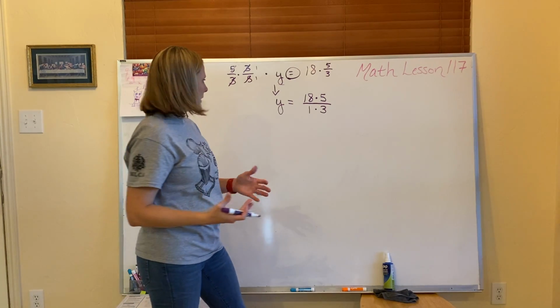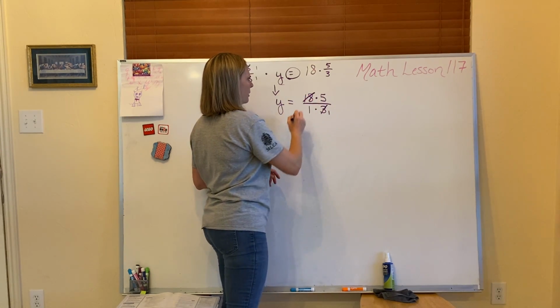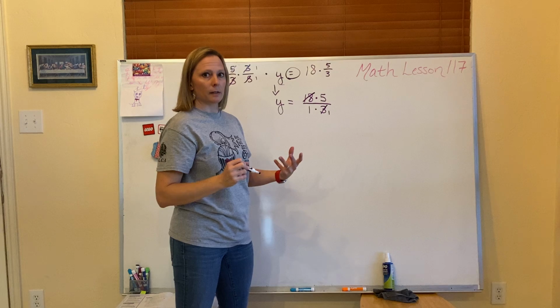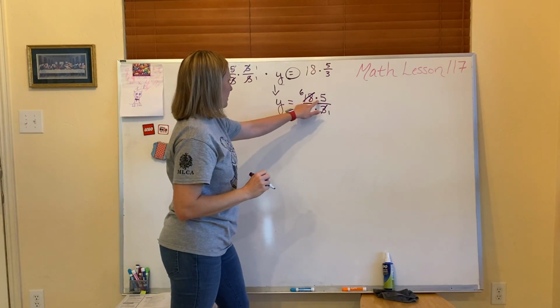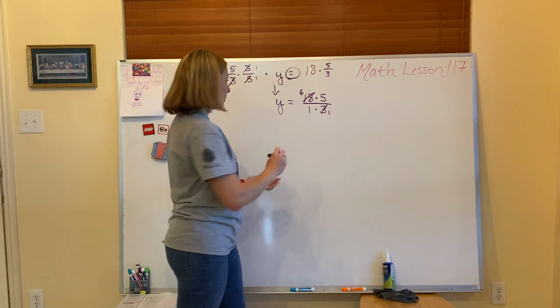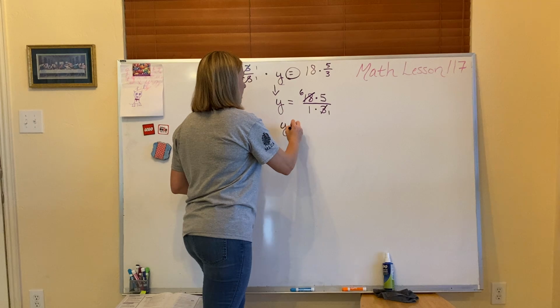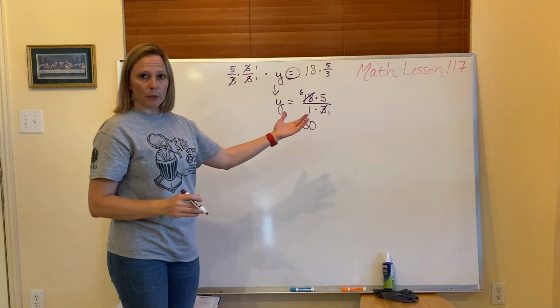Yes, we can. Let's reduce 3 by 3 and 18 by 3. 18 divided by 3 is 6. So we end up with 6 times 5, so now we know y is equal to 30. So we have 30 total kids in the class.